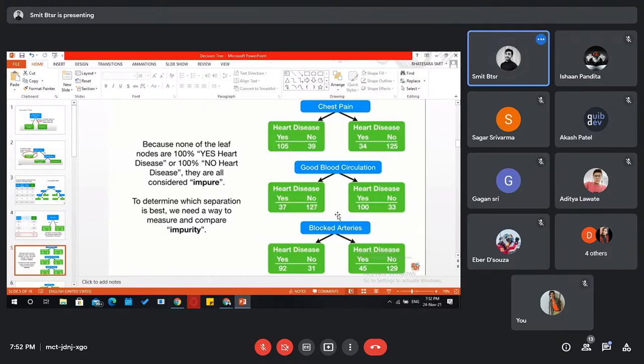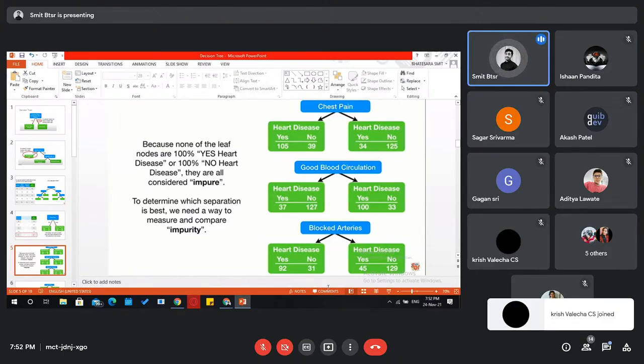So in other words, what we want to find is which one has the most purity among the 3. None of them are pure, but which one has less impurity or more purity. We will see how to calculate this impurity.